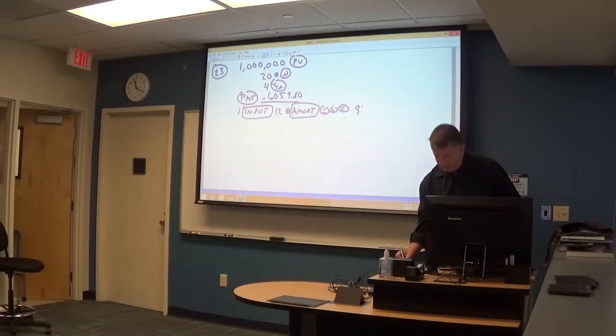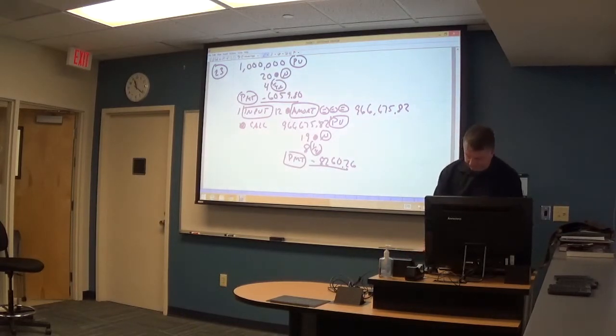You're going to find the balance at the end of the first year. The balance is $966,675.82. Clear it. Put that in as your new loan amount or present value for 19 remaining years at 8%. Calculate your payment, and you get $8,260.26.